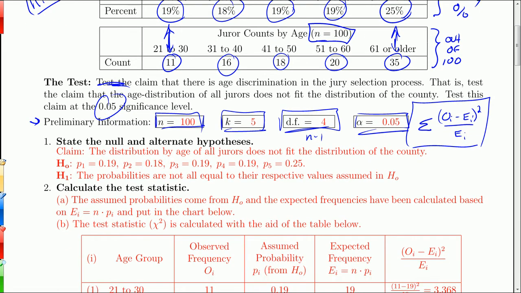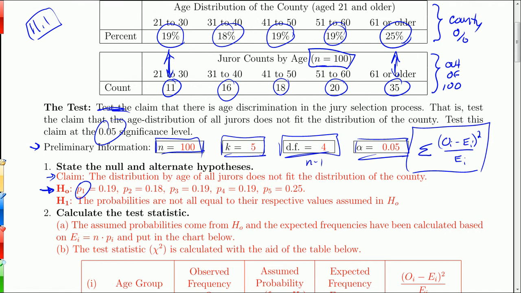The claim is that the distribution of age of all jurors does not fit the distribution of the county. So we start off with the null hypothesis, which says that basically it does fit. If p1 is the proportion of all jurors in age bracket 1, then the null hypothesis says that it equals the county distribution.